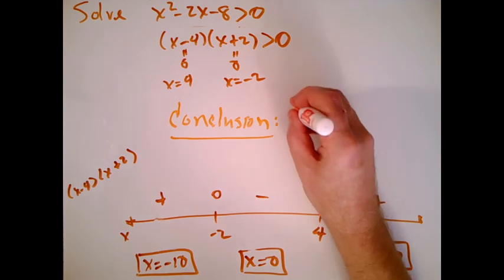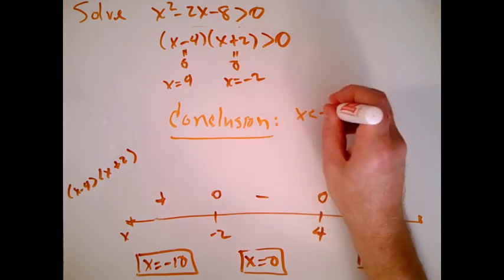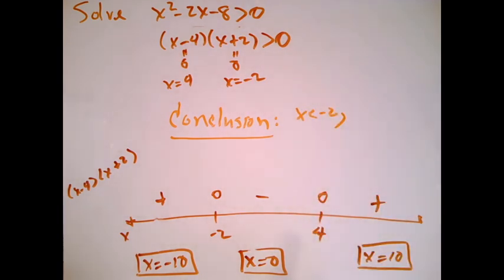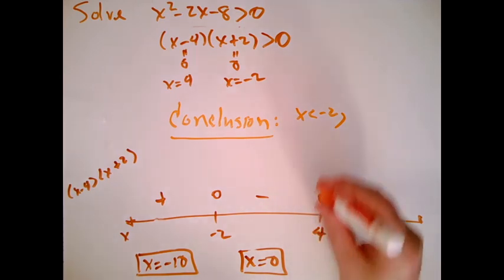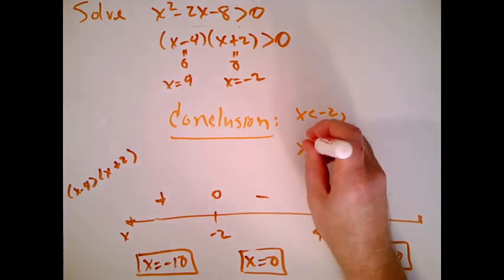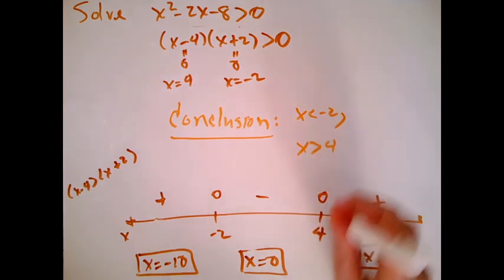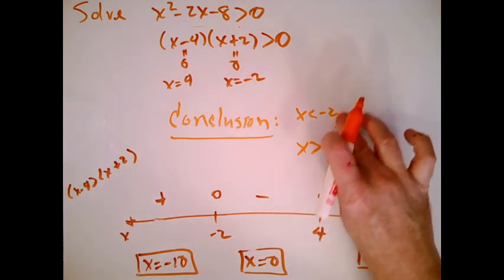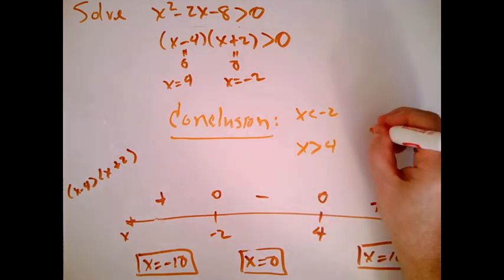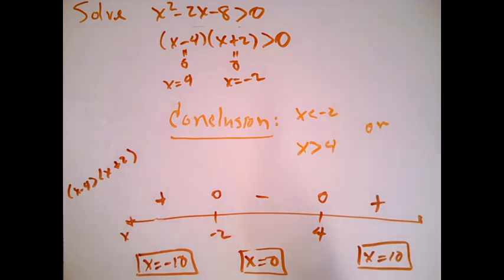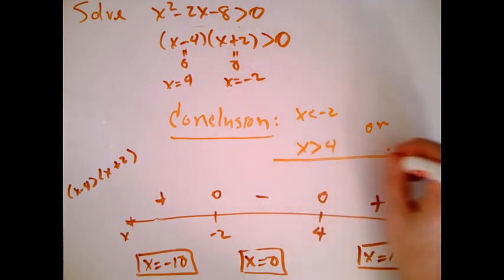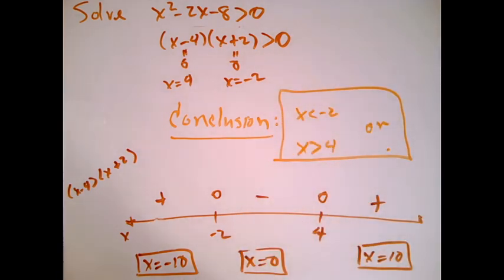These are numbers that are less than -2. These are numbers that are bigger than 4. And usually what they do is they'll put the word or between them, because the number can't be less than -2 and bigger than 4 at the same time. So this is the domain we're looking for.